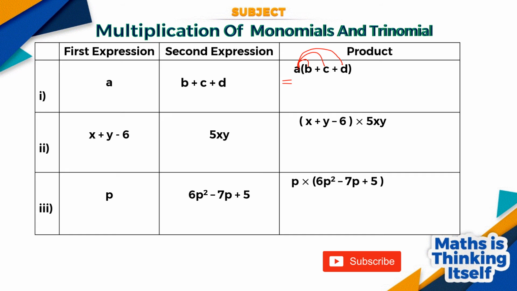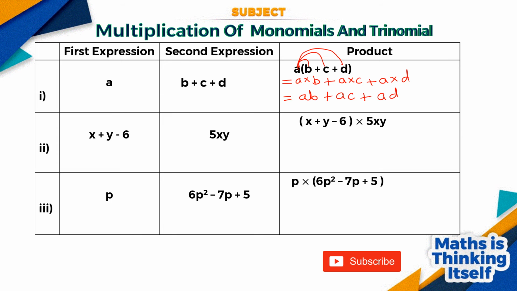So first a is multiplied with b, then plus sign as it is, then a is multiplied with c, then plus sign, and a is multiplied with the third term, that is d, and you get the answer ab plus ac plus ad.